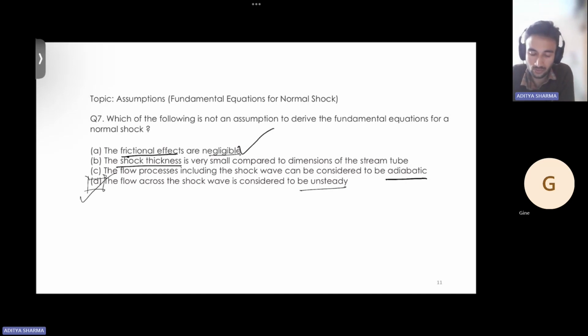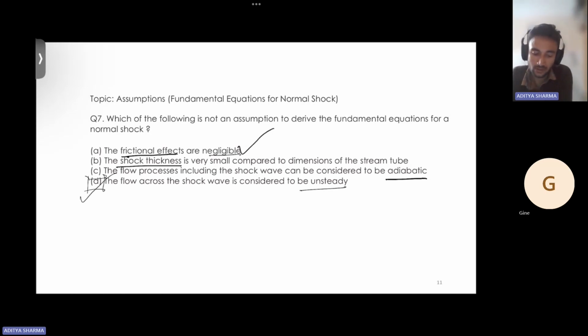We don't want to consider the frictional effects or the heat generated because of the friction. We don't want to increase the complexity of our flow physics by including those elements. Otherwise it will become very hard to handle the mathematics of the flow physics.